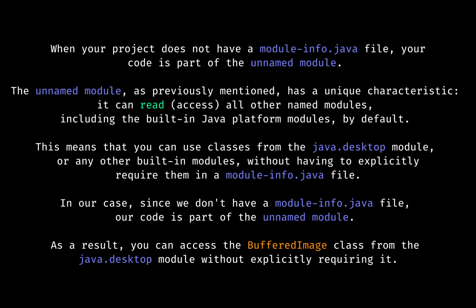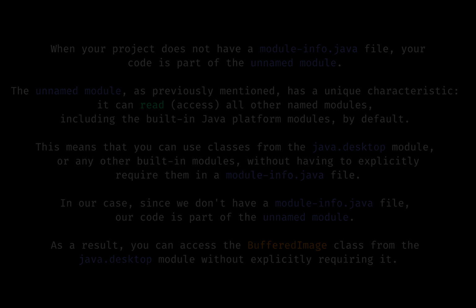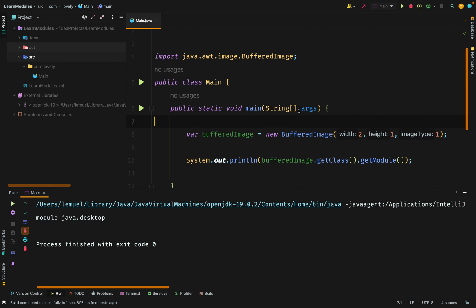So all the exported packages in Java, it can access. This helps with backward compatibility. Unnamed modules have implied readability to all named modules, meaning that they can read all named modules without needing to declare dependencies explicitly.